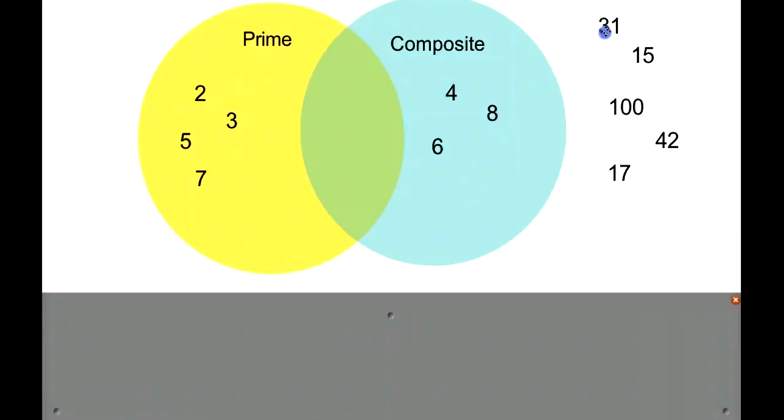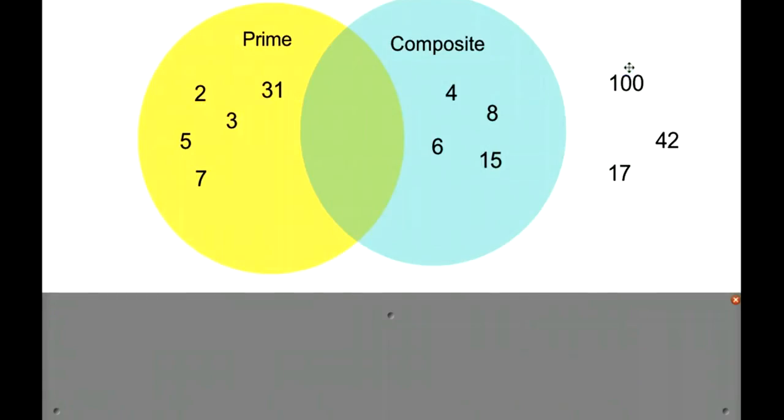How about 31? I have 31 and 1, and nothing else can divide 31. 15, I have 1 times 15. I also can multiply 3 times 5, so this is a composite number.